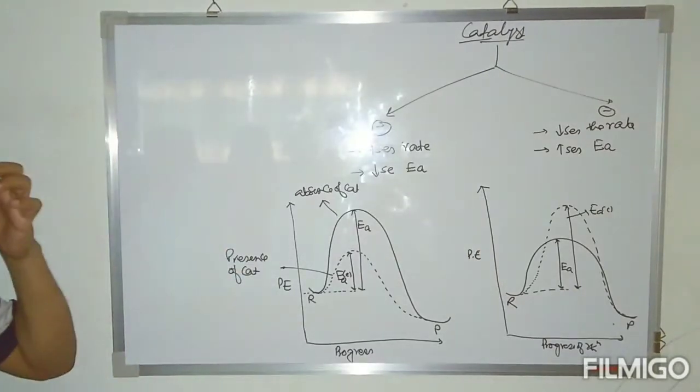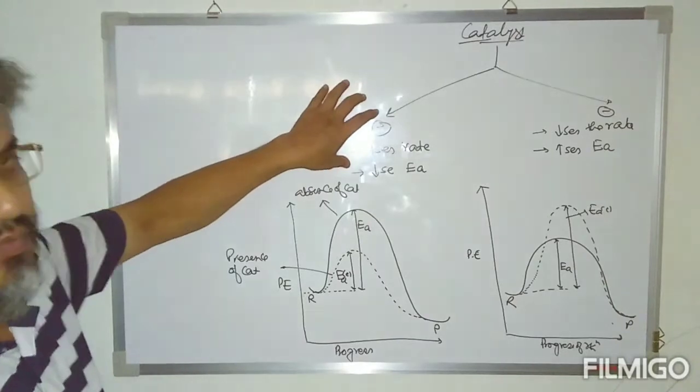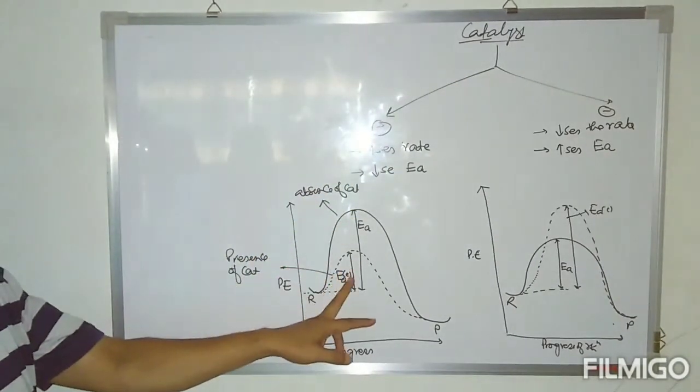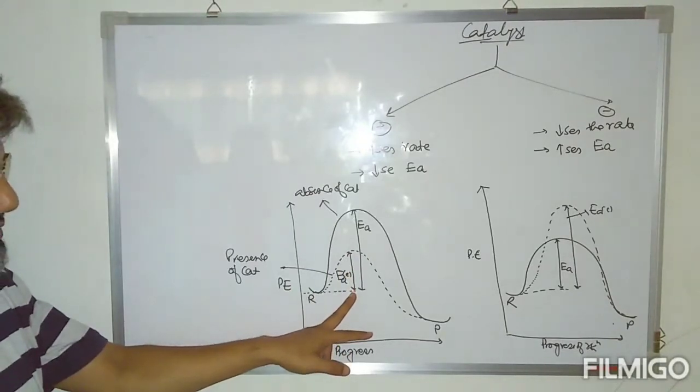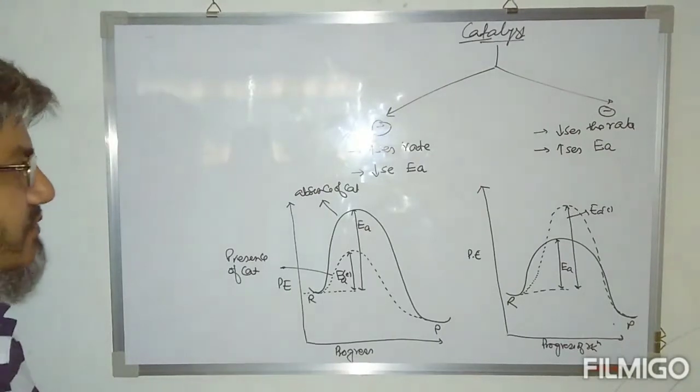Now the question is, though we are using a catalyst, whenever we take a catalyst we simply mean that this is a positive catalyst which suppresses the activation energy such that rate of reaction is increased by some factor.